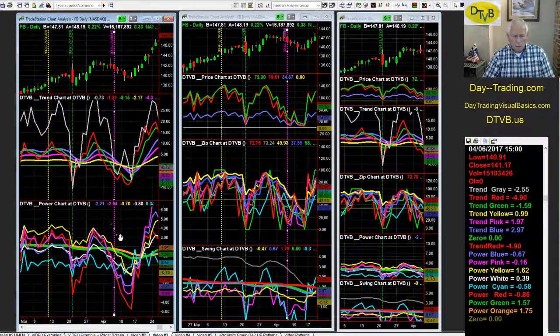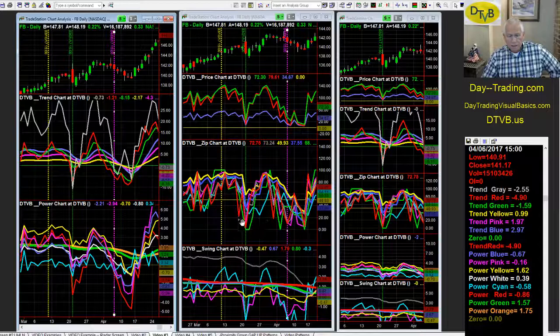I bring that up because when the orange and green are separated from the zero by stronger distances, because they're separated above the zero a strong amount, it's going to be harder for things to go down. If you had orange above the green, but they were 0.07 points away from the zero line, that's an easy drop. You've got to watch what's happening there.